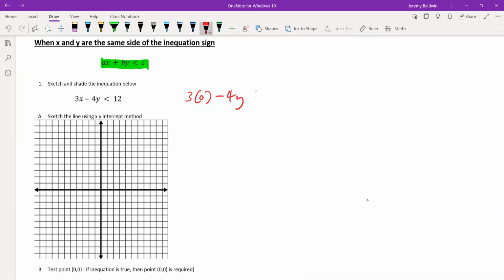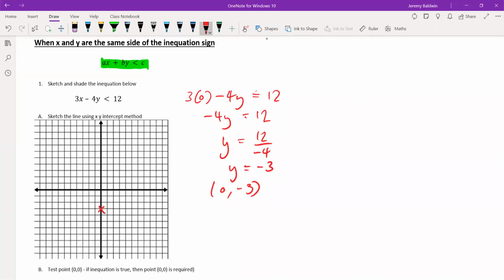We're just using the equation as if it was an equation to find the boundary line. So you'd have -4y equals 12, and so y is equal to -3, because it's 12 over -4. So the first point that we can plot is x is 0, y is -3.